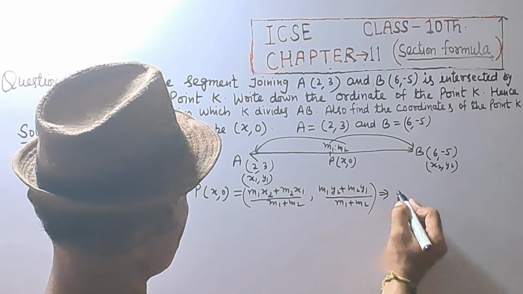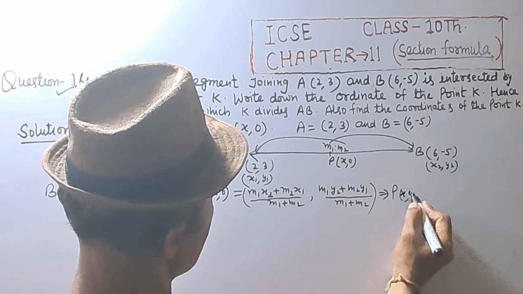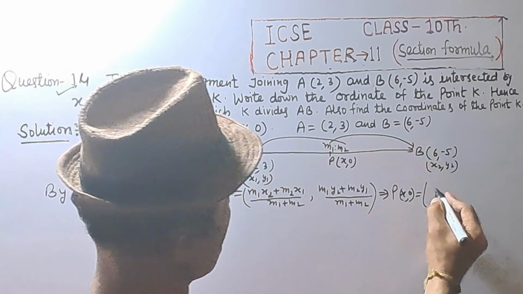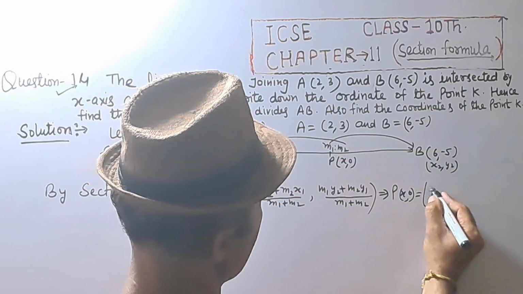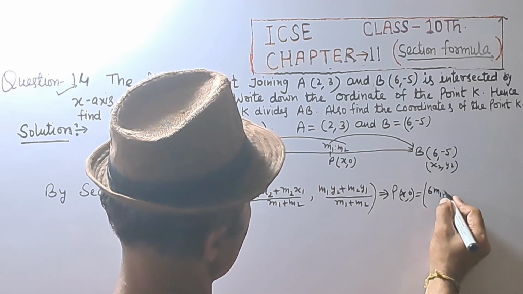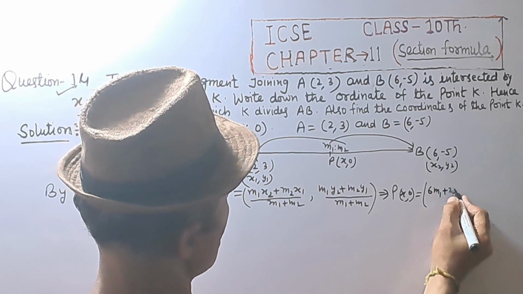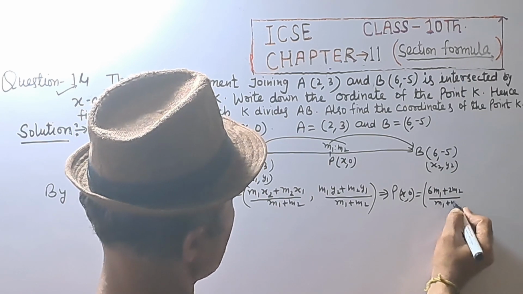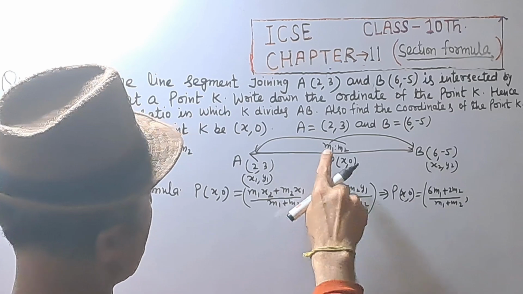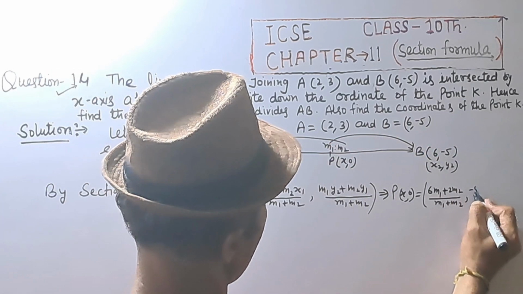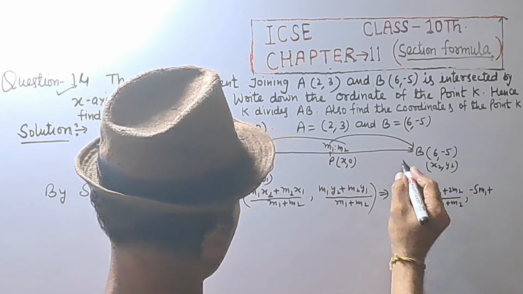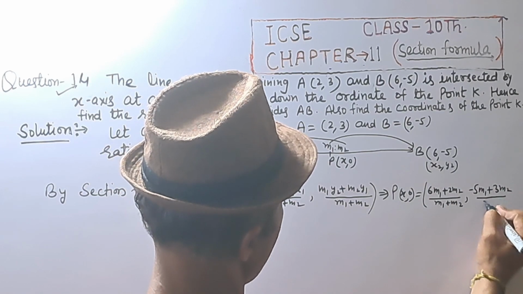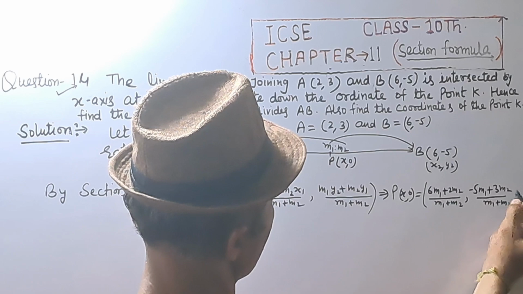which implies P (x, 0) is equal to (6 M1 plus 2 M2) upon (M1 plus M2) and (-5 M1 plus 3 M2) divided by (M1 plus M2).